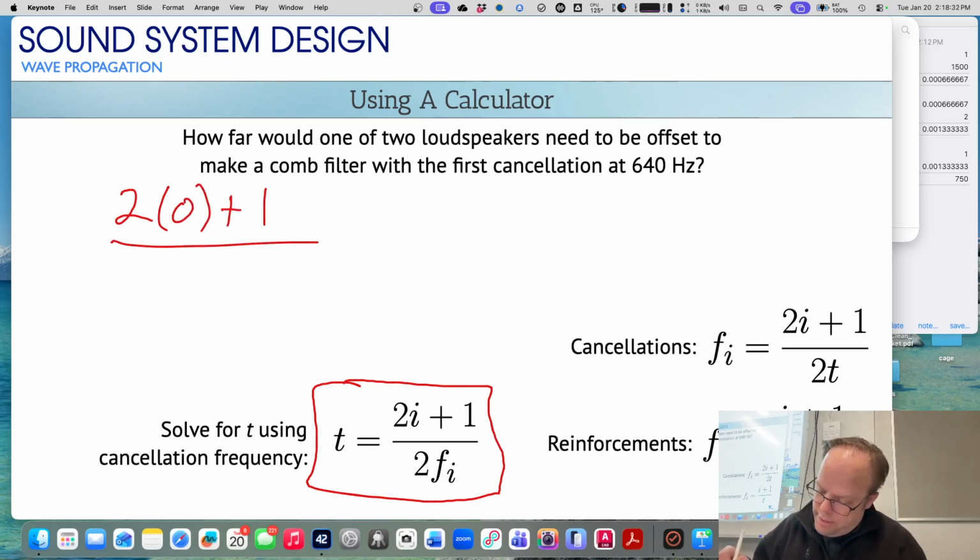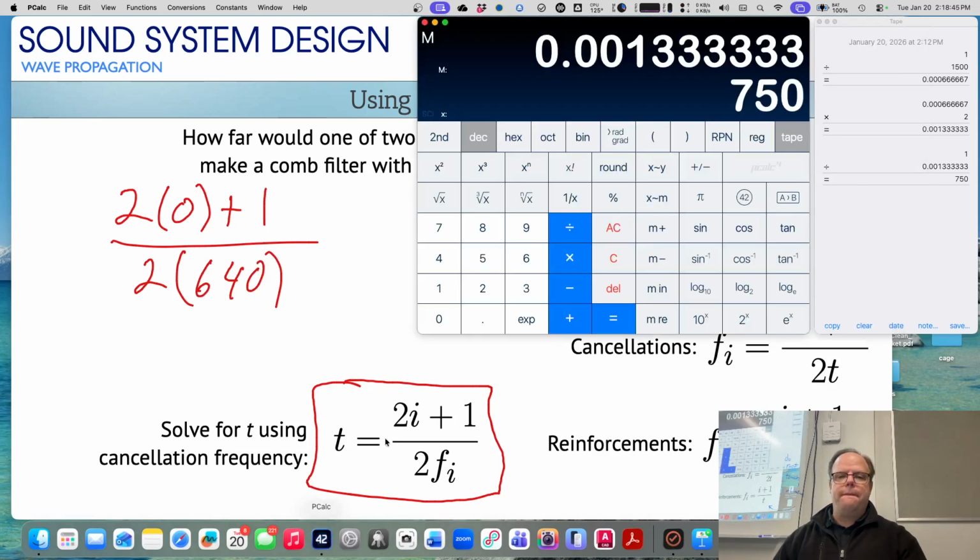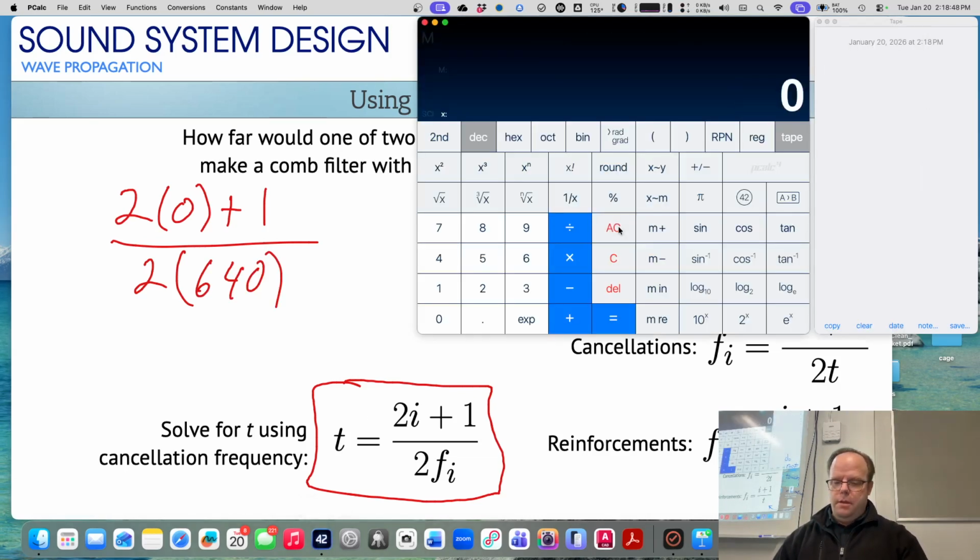Plus 1, divided by 2 times the frequency, 640. I like to do the bottom first: 640 times 2 is 1280. 2 times 0 plus 1 is 1.